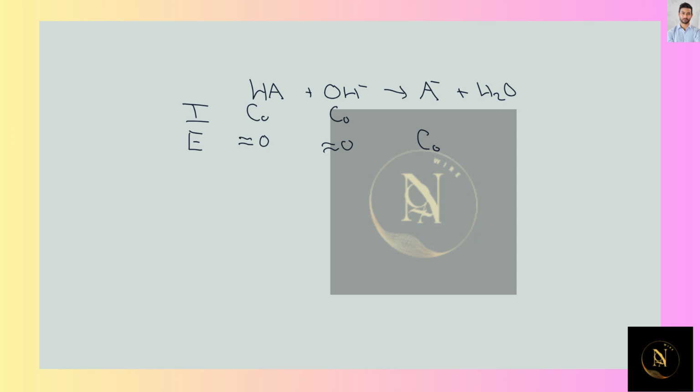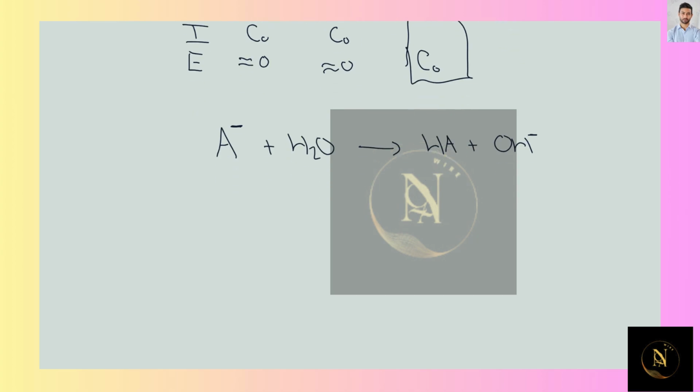But we're generating an amount of C0 of A minus. So then we can use this quantity in order to find the pH, as A minus reacting with water is going to generate HA plus OH minus.